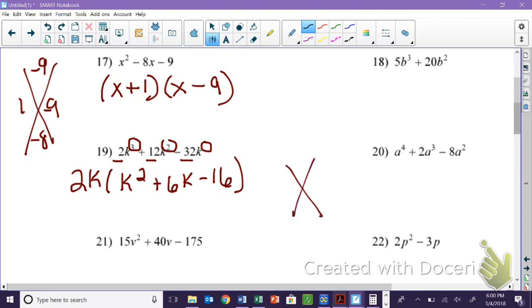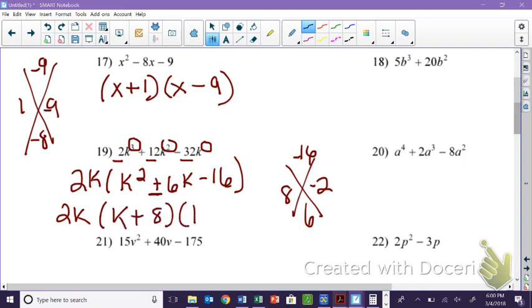What two factors of negative 16 will give you 6? 8 and 2. Which one's negative? Negative 2. How do I know that? This is a positive number, so the negative has to go with the smaller value. So k plus 8, k minus 2.